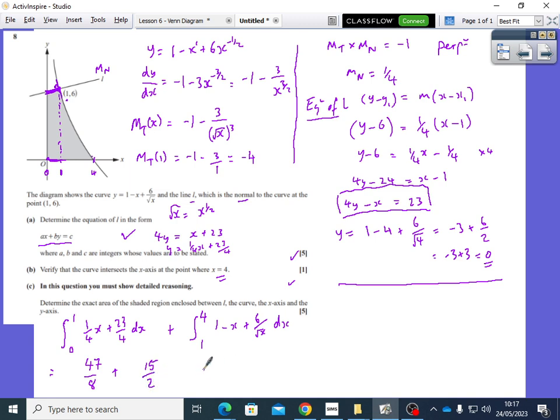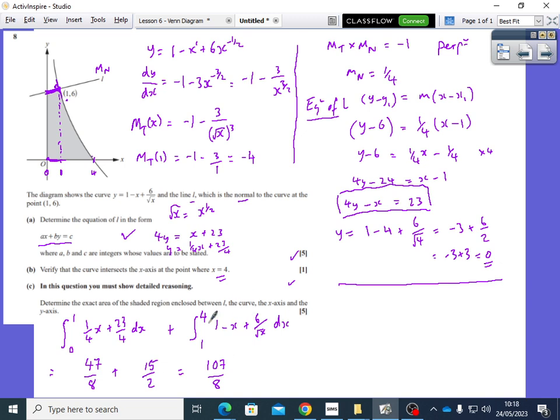And if I'm adding those together, it's going to be all over 8. So you can just do it on your calculator, that plus 47/8, you're going to get an answer of 107/8. And that is it really.